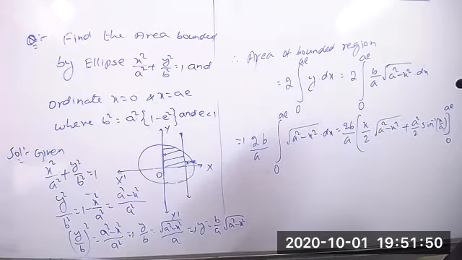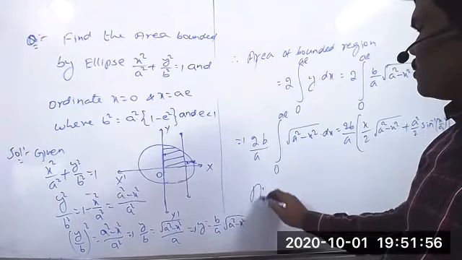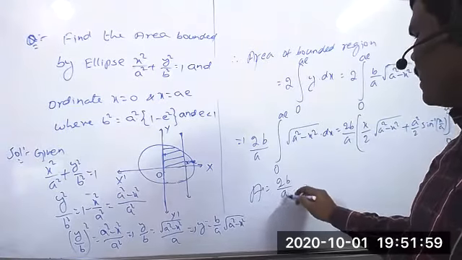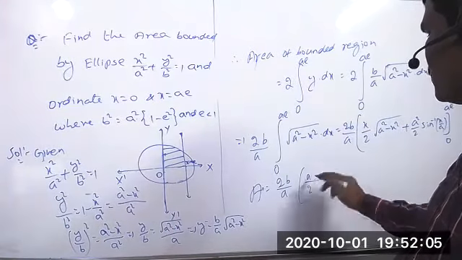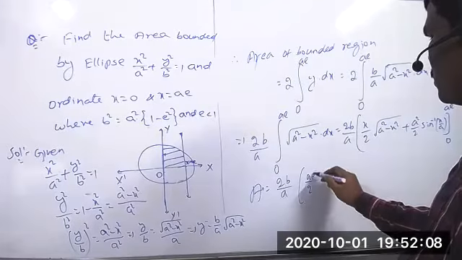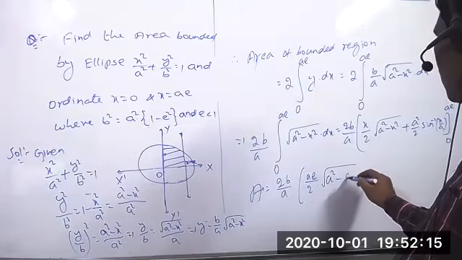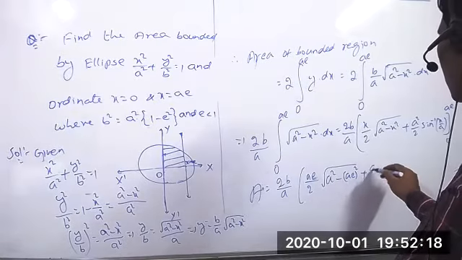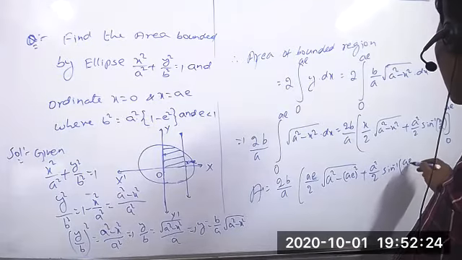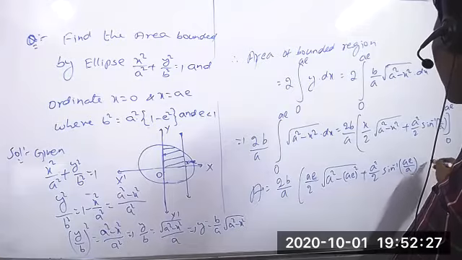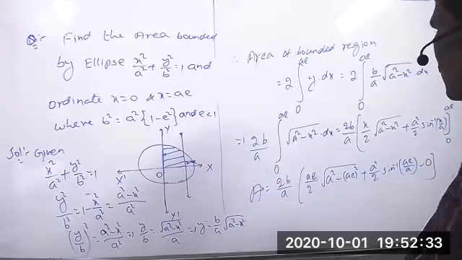Now I can substitute everything in: upper limit minus lower limit. So the area equals 2b by a into, for the upper limit, ae by 2 into root of a square minus ae whole square, plus a square by 2 into sin inverse of ae by a, minus the lower limit. If we take 0, clearly 0 by anything is 0, so you will get 0; leave that.